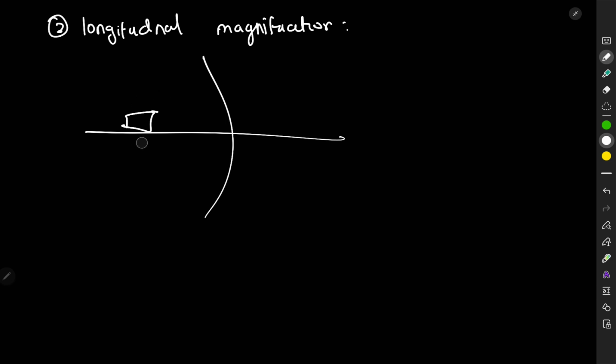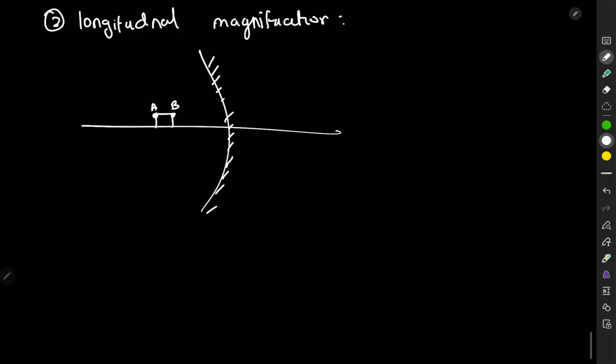Just in case there is a concave mirror, okay, there is an object, one corner is A, another corner is B, and let's say this is du, and the distance between this and this is u, we all know that, right?